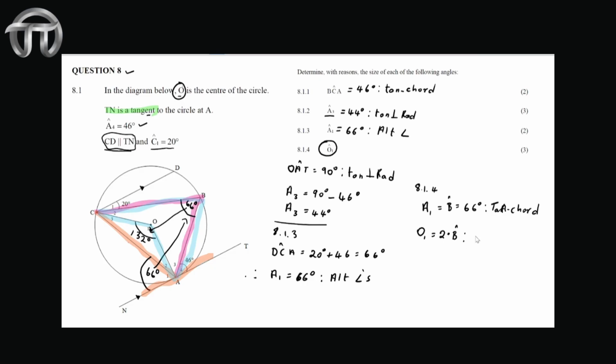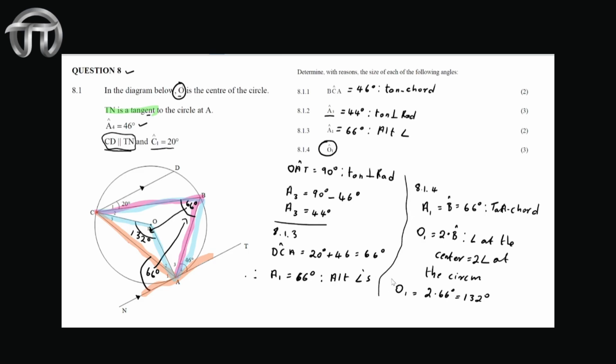Why do we say that? That is the angle at the center. It is equal to 2 times the angle at the circumference. So that means angle O1 is equal to 2 times 66 degrees, which gave us 132 degrees.